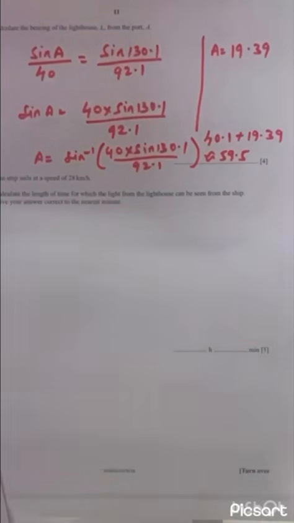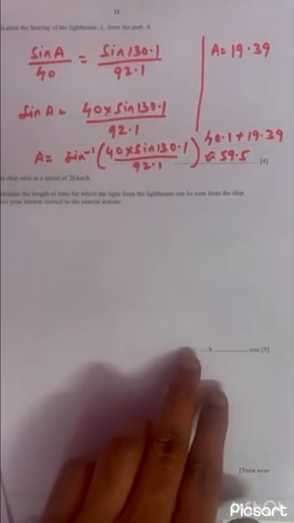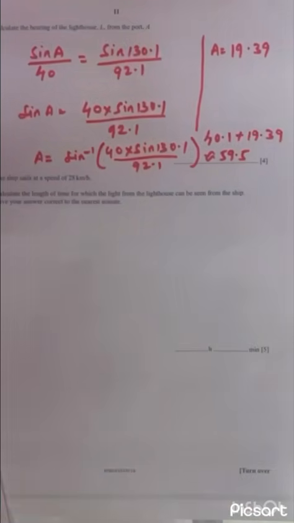Now the last part. The ship sails at a speed of 28 km per hour. Calculate the length of time for which the light from the lighthouse can be seen from the ship, and give your answer correct to the nearest minute. So it's mentioned hour and minute, but the first thing is I need to find the distance.